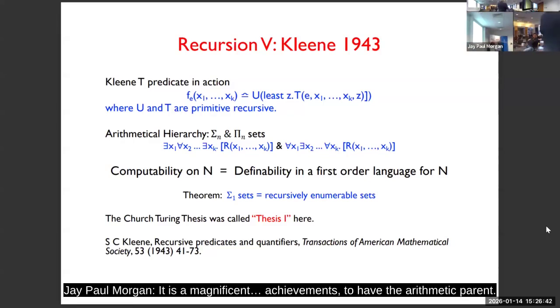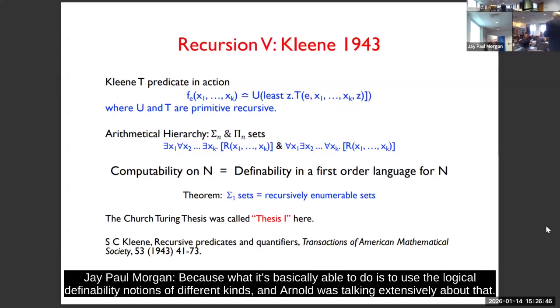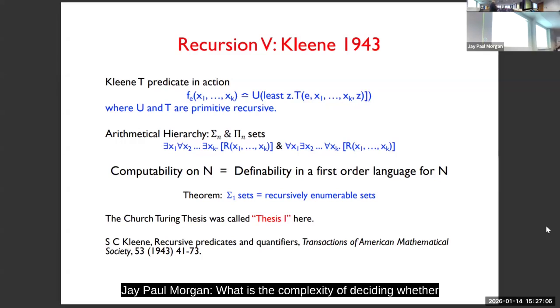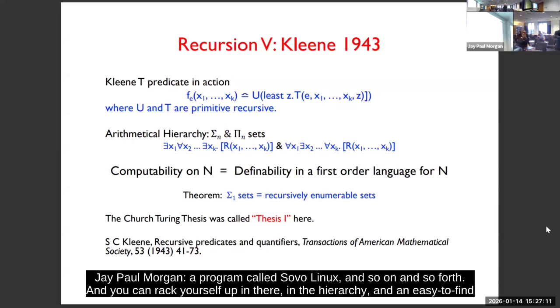The arithmetical hierarchy is truly beautiful. It is a magnificent achievement, because what it's basically able to do is to use the logical definability notions of different kinds, and Arnold was talking extensively about that, to recognize sets and to classify sets, so that someone would come along with a problem like, what is the complexity of deciding whether a program halts on all inputs, and so on and so forth.